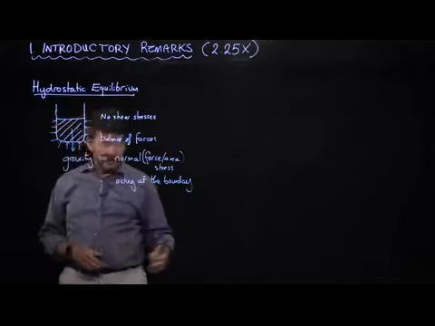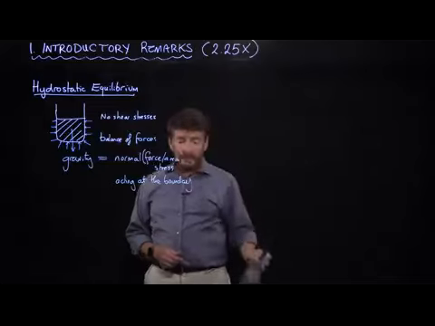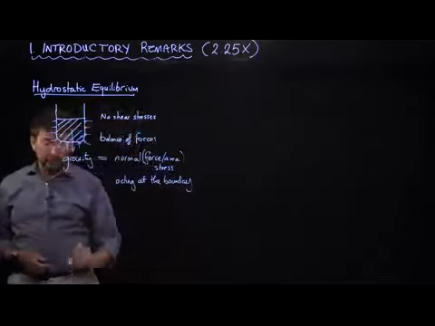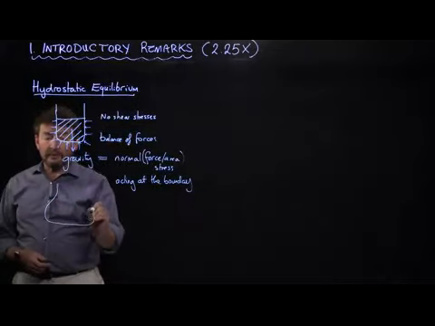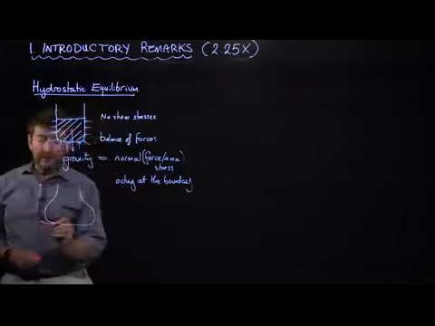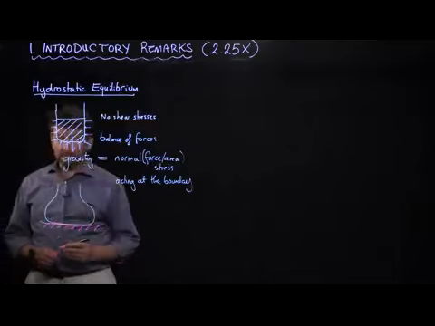Now that's easy if we're dealing with a material like this where maybe we have a rigid boundary. It becomes less easy to think about if we're dealing with, let's say, a balloon. So let's say that we take a water balloon and we fill it with water. When it comes to equilibrium and there's no longer any flow, it may be sitting on a surface that would look like this.